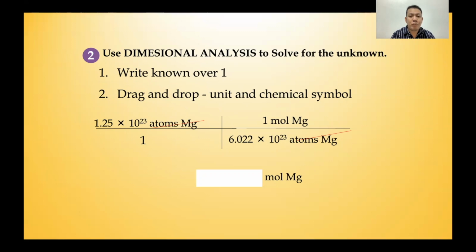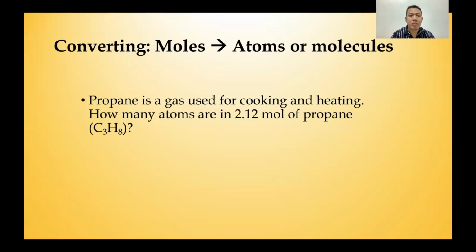So 1.25 times 10 to the 23rd divided by 6.022 times 10 to the 23rd, you get 0.208 mole of magnesium. As simple as that.